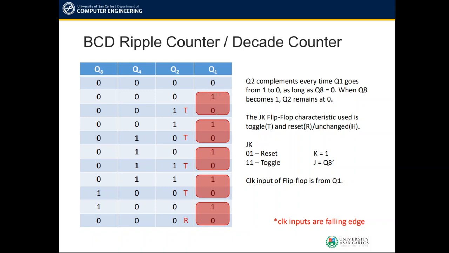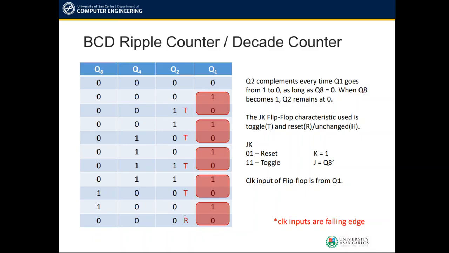So that's from 1 to 0, so that's a toggle. 1 to 0, so it toggles from 1 to 0. Under falling edge 1 to 0, from 0 to 1. This is a toggle also, 1 to 0. And from here the next falling edge is from 0 to 0.